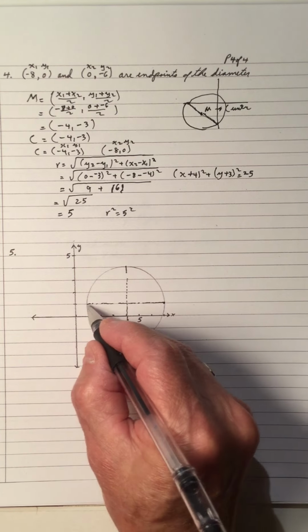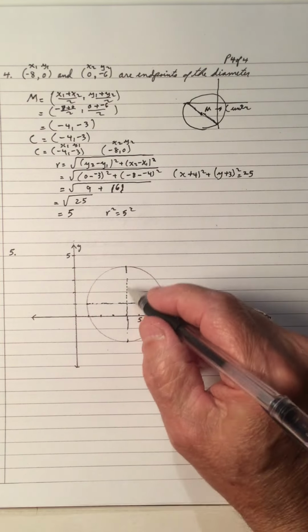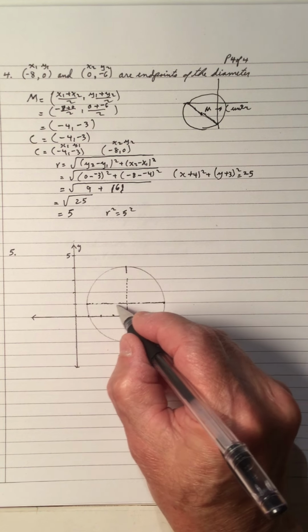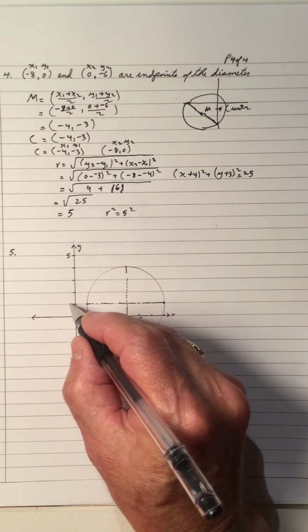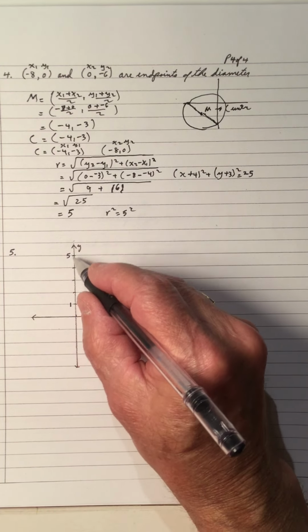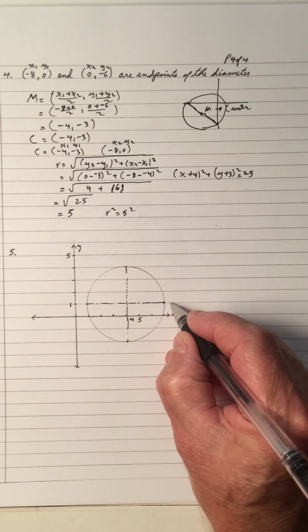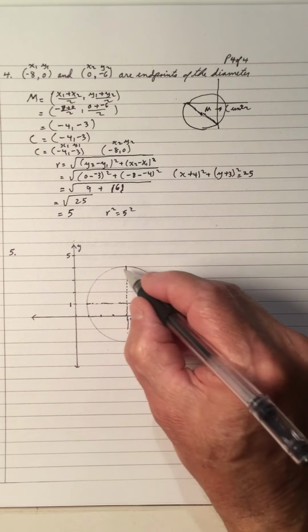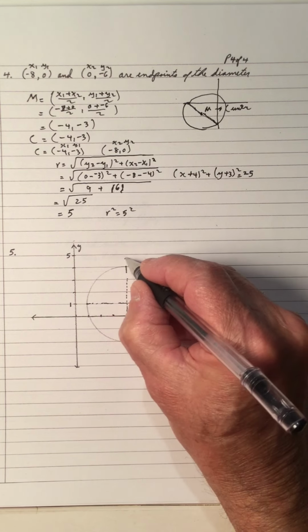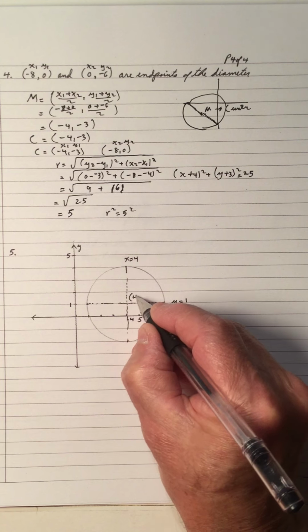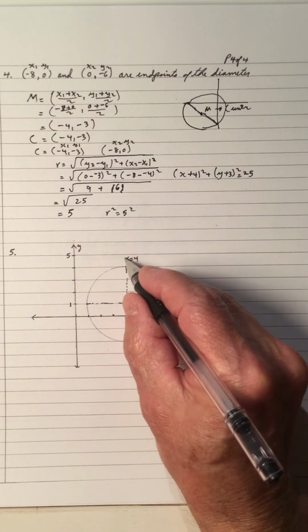So this line here, that's a 5, so that's a 4. Right here, that's a 1. That's 5. So 1, 2, 3, 4, right? So this line here is y equals 1. And this line here is x equals 4. So x is 4. So this point is on this line.